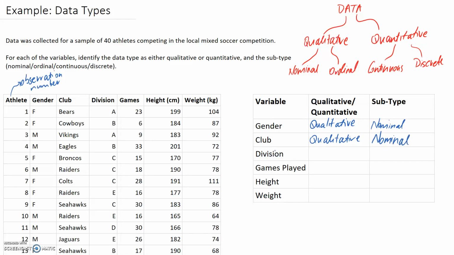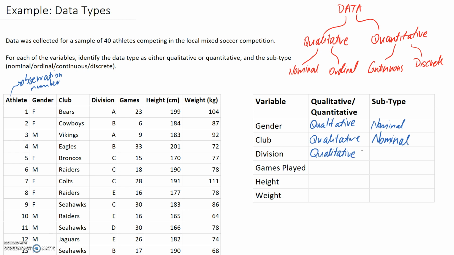Alright, the next one is division. We can see that people are listing their division as A, B, C, D, E, and so on. So this again represents a categorical variable. You're categorized as either being in Division A or Division B or Division C. So we can pop that in.